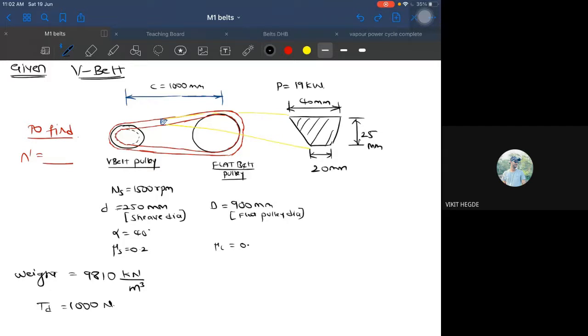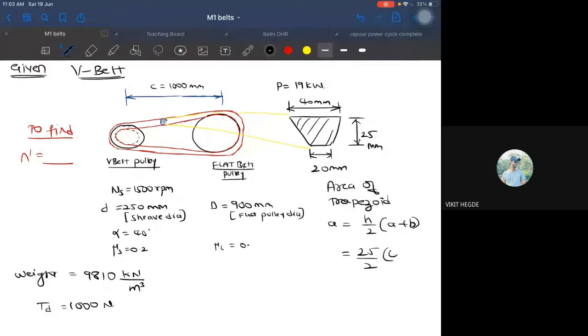Yes. First we will calculate the area. Okay, as you wish. So area of a trapezoid: A is equal to h divided by 2 into (a plus b). h is 25 divided by 2 into (40 plus 20).